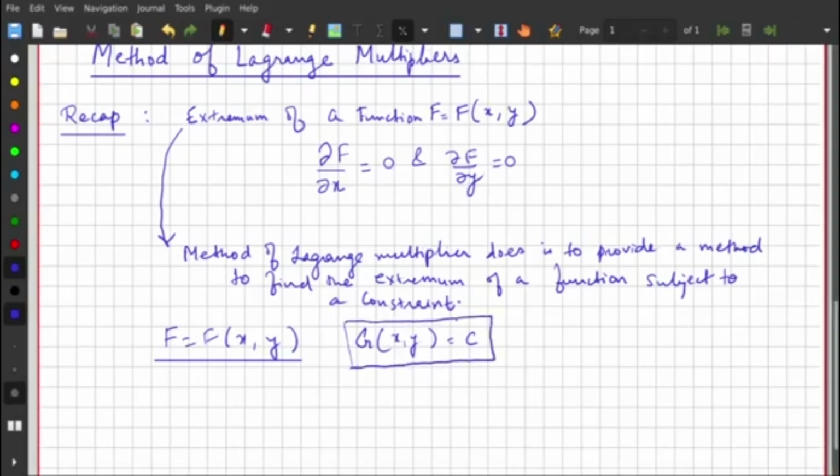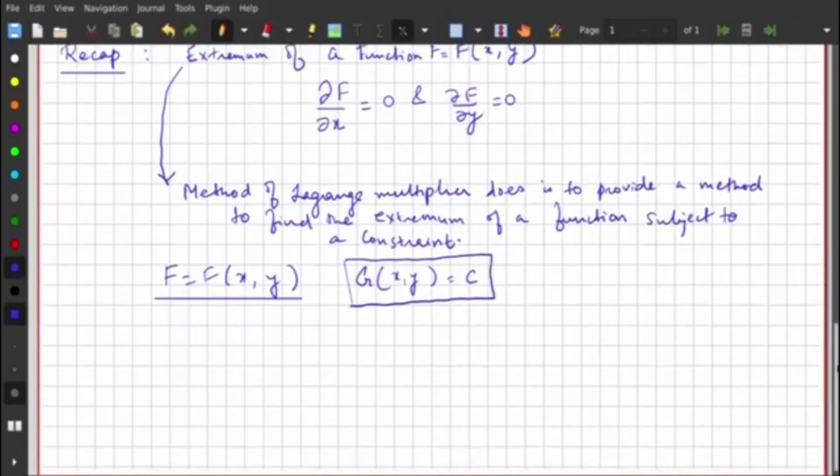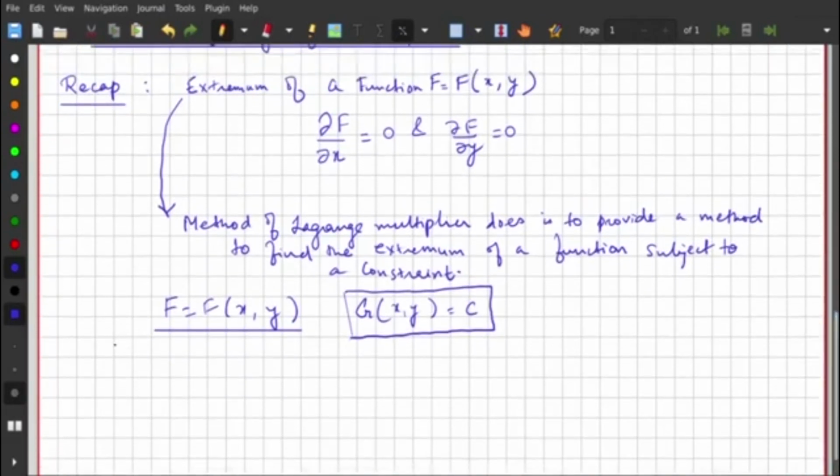So there is a relationship between x and y that needs to be satisfied, and this belongs to the class of an optimization problem actually. So what we are actually solving is an optimization problem with constraints.